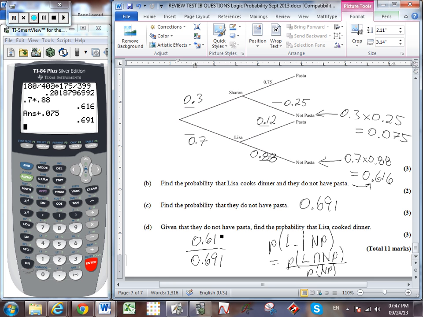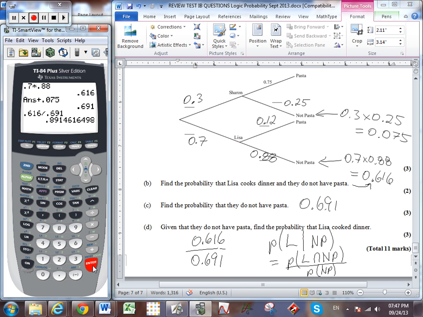So there's my numerator, and you can see I've already filled in my denominator, the probability of not having pasta, which we found in part C. So let's take the ratio between these two amounts, 0.616 divided by 0.691, and we end up with a final answer of 0.891 when I round to at least 3 significant figures.